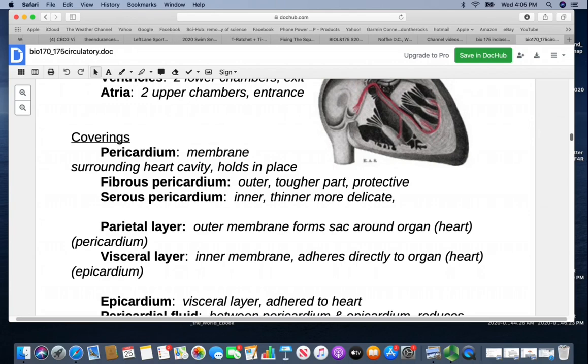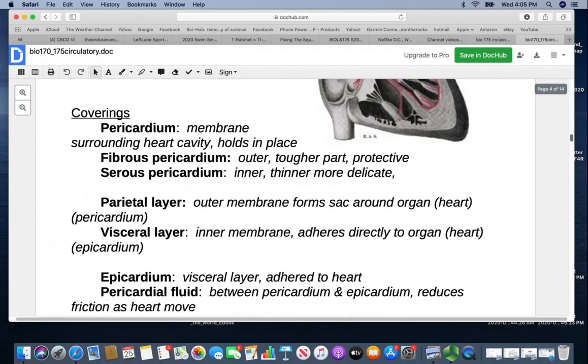With organs, we talk about parietal and visceral layers. A parietal layer is going to form the sac around the organ, so in the case of the heart, the pericardium is a parietal layer. The visceral layer is going to be the inner membrane that would adhere directly to the organ. So in the case of the heart, that will be the epicardium. It will be adhered directly to the heart.